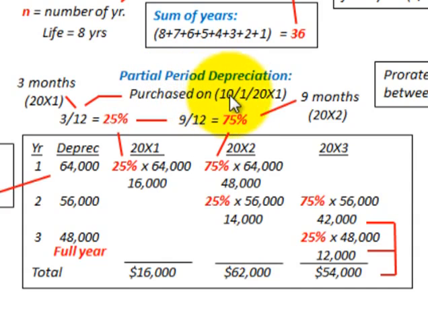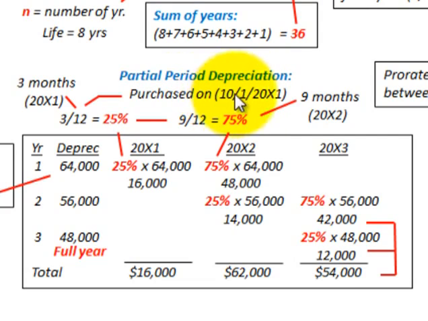We started depreciation on October 1st of 20x1, and we had to consider a whole year. So we had some overlapping of the years, and we have to divide up this whole year based on the date of purchase.